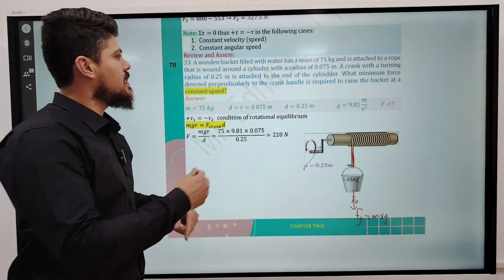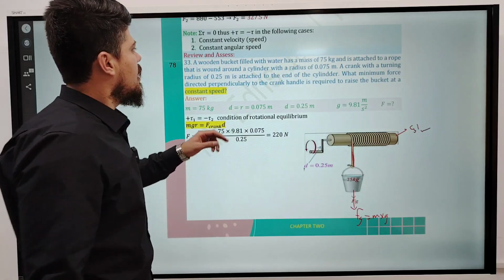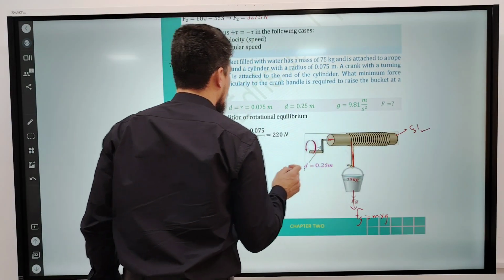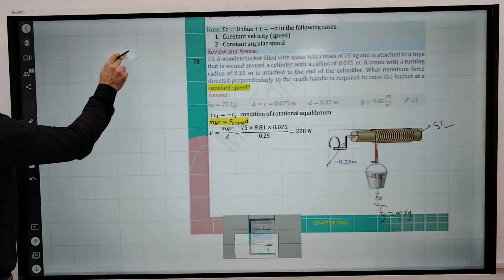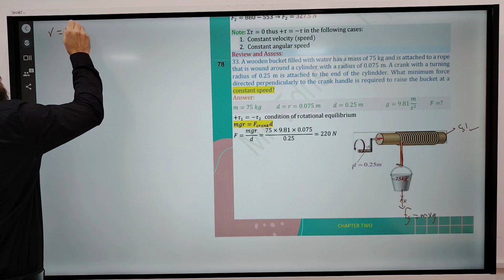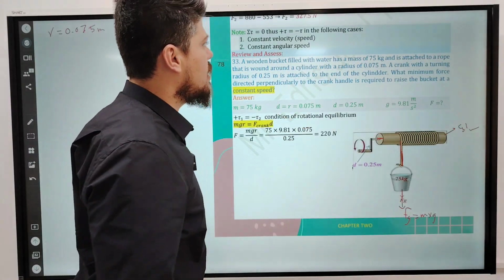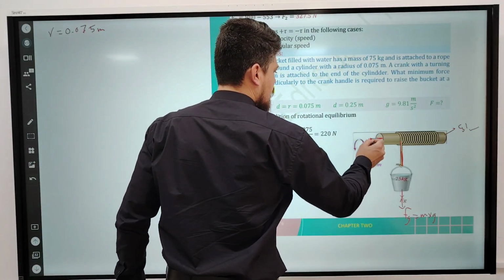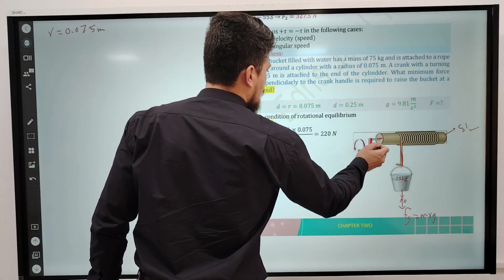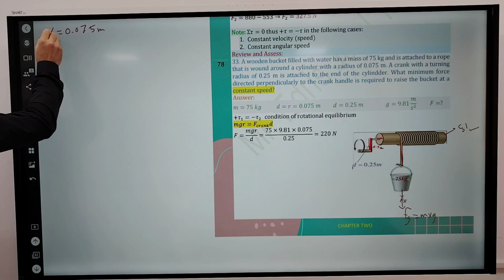The rope is wound around the cylinder. This is the cylinder, and this is the radius of the cylinder, R, which is given as 0.075. A crank with a turning radius of 0.25 is attached. This is the crank.